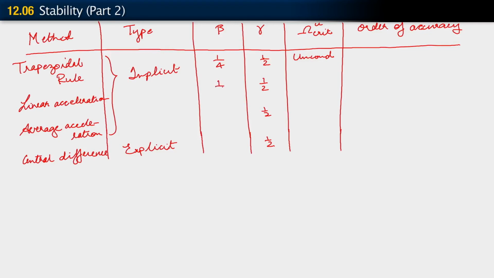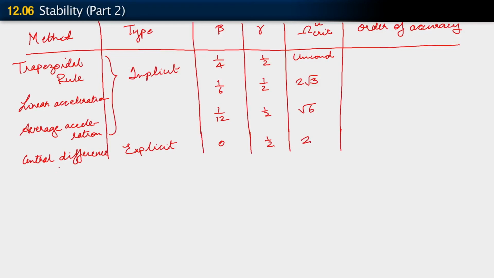Linear acceleration uses 1/6, and the critical frequency is 2√3. Average acceleration uses beta equals 1/12, gamma equals half, and if I remember, the undamped critical frequency is square root of 6. The central difference method finally uses beta equals 0, and the undamped critical frequency here is 2.